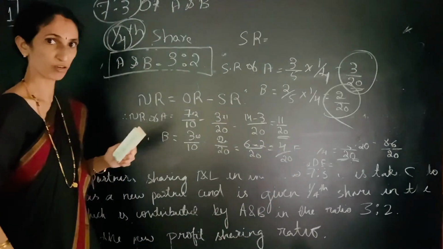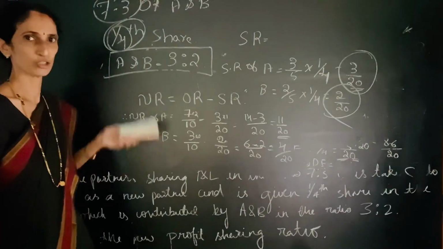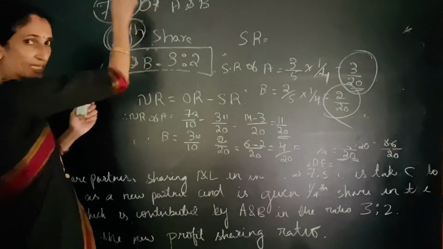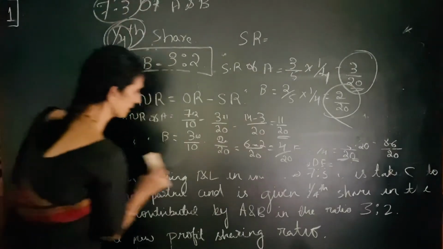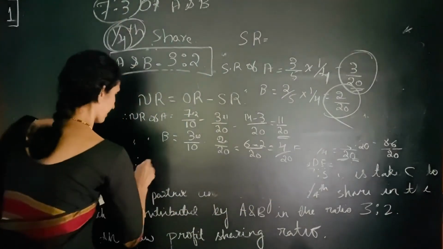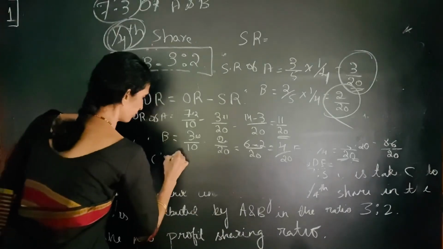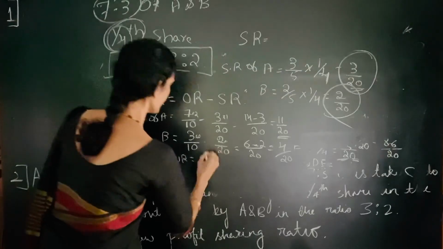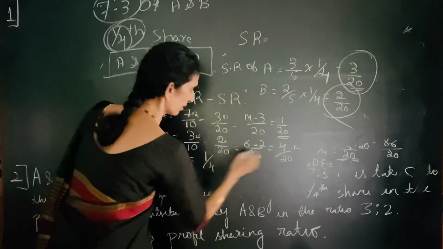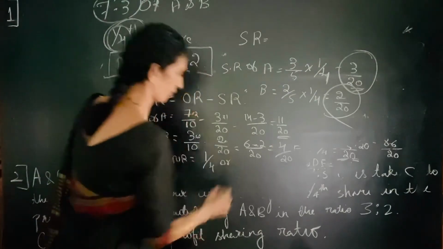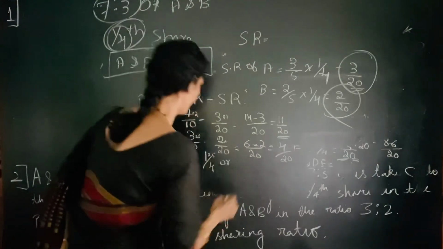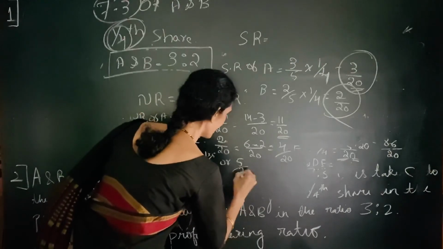Another important point: the new ratio should include both the old partners' share as well as the new partner's share. Therefore, C's new ratio is equal to the share given to C, 1 by 4, converted to 20. Then we have to multiply by 5. So 5 by 20.